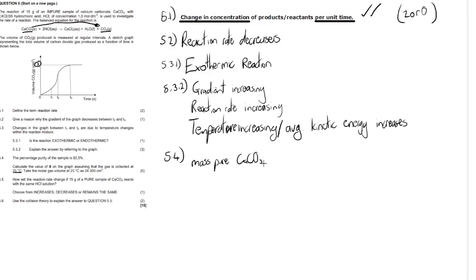It not only helps the marker, who is very tired, I can promise you, but it also helps keep your head on your shoulders in what you're doing. The mass of the pure calcium carbonate is 82.5% of the original mass. And so 82.5% of 15, and calculator's out.